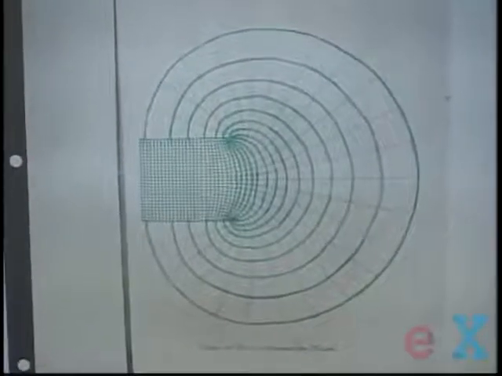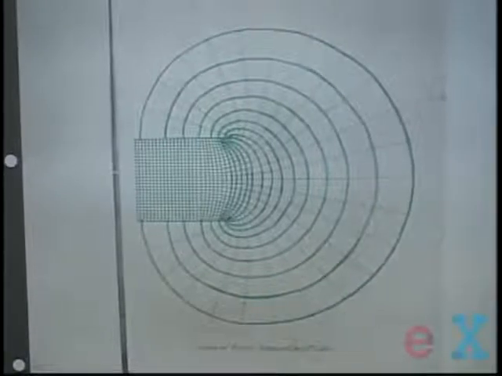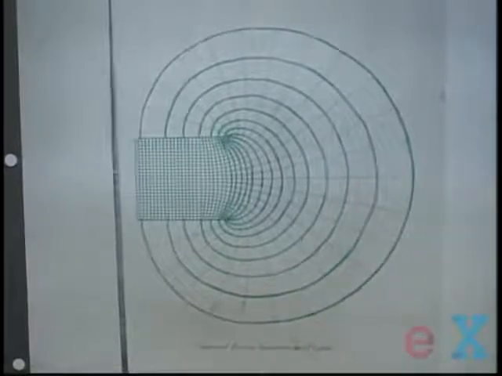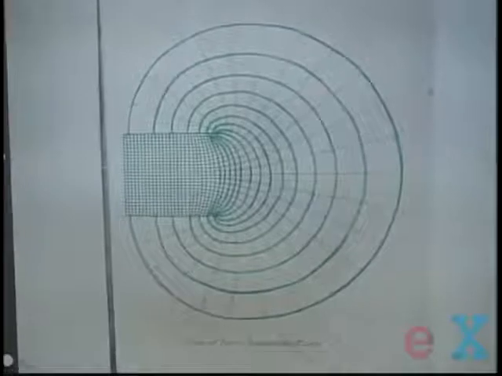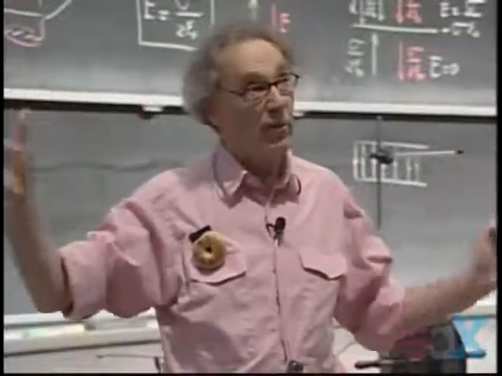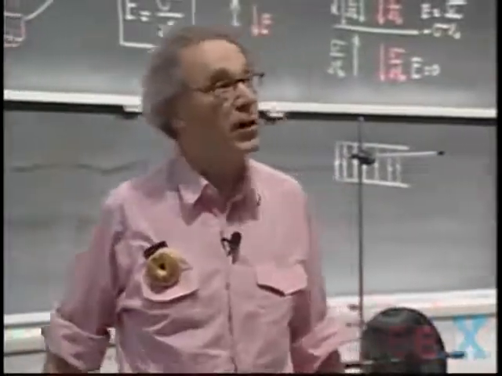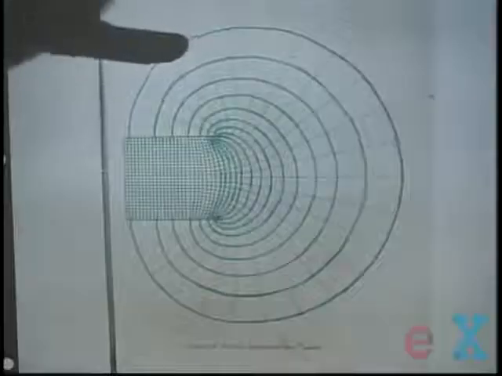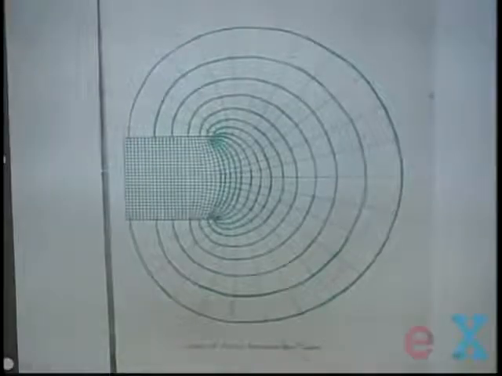And what you see is an extremely strong field inside the two plates. Remember that the density of field lines tells you something about a very strong field, but when you get near the edge, the field is not really 0. The field strength drops very rapidly because, look, the density is very low, but it is not 0, and the electric field is not 0 here either and is not 0 there.